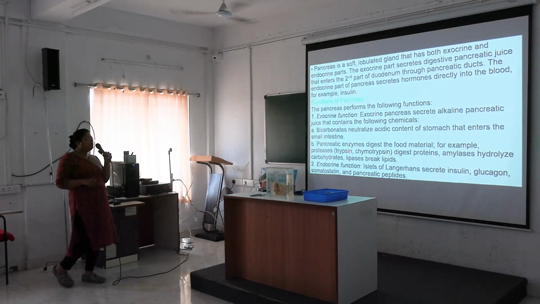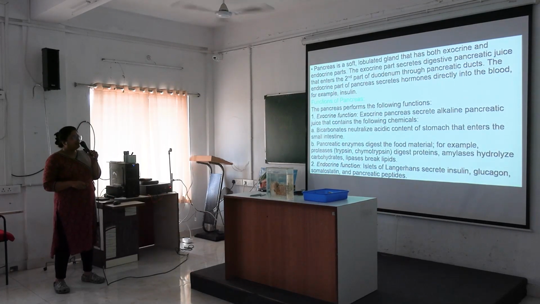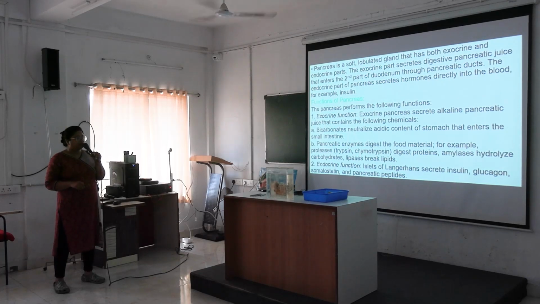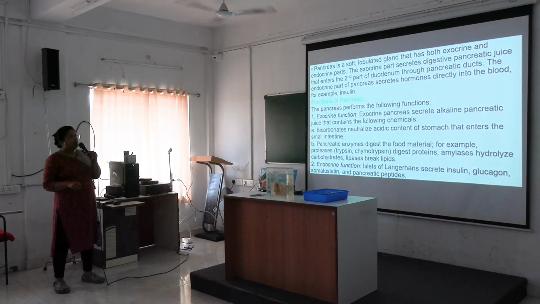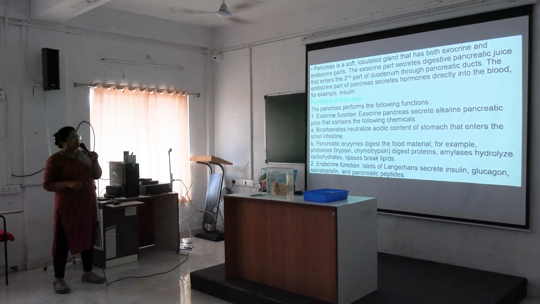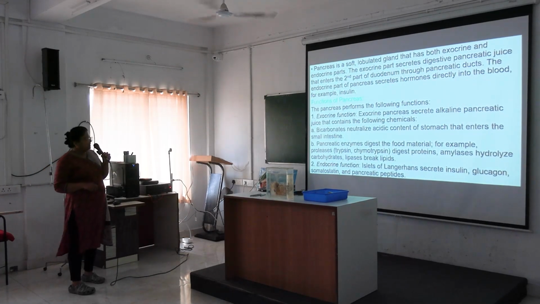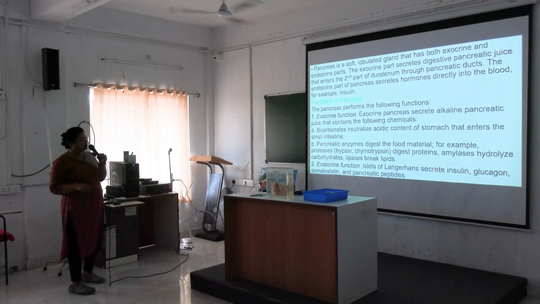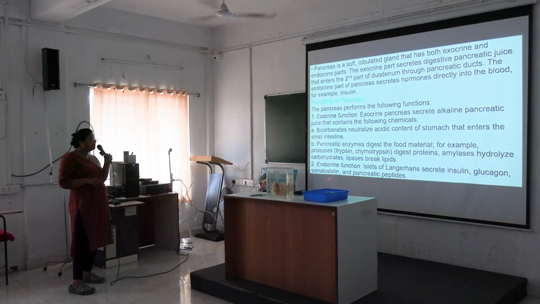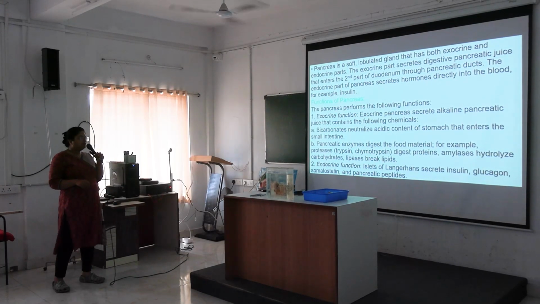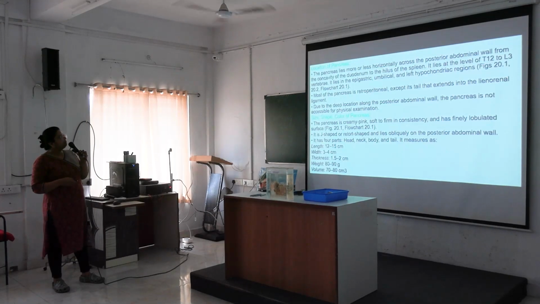For example, proteases, protein breaking enzymes, trypsin and chymotrypsin, they digest proteins. Amylases, they hydrolyze the carbohydrate, and lipases break the lipids. All these are present in pancreatic juice. Okay. Endocrine function, islets of Langerhans secrete insulin, glucagon, somatostatin, and pancreatic peptides.